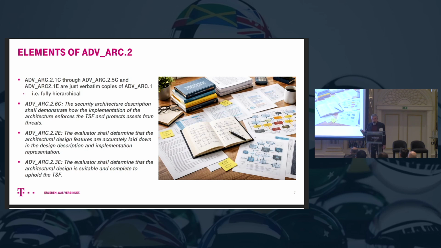And then it's for the evaluators to analyze if this analysis is complete. And so this is the evaluator action here. The evaluator shall determine that it is complete and coherent with the implementation. And finally, the evaluator shall verify that the goals are actually achieved.